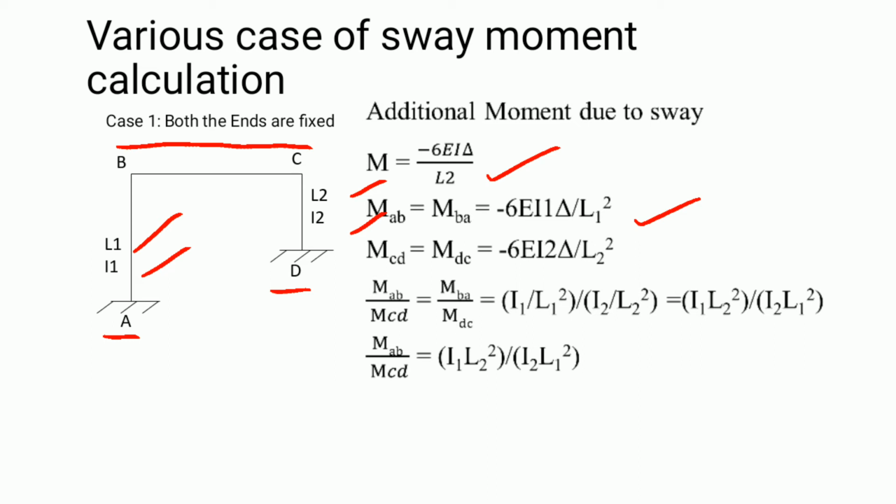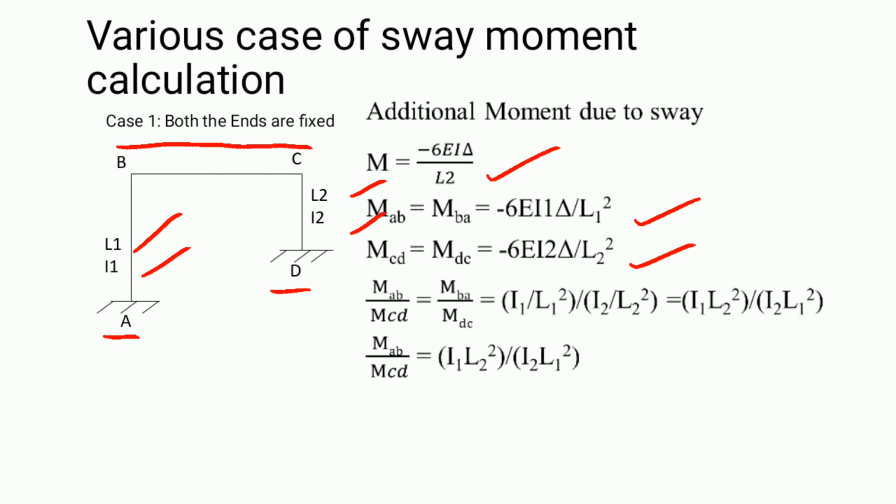Similarly, for member CD, MCD equal to MDC is equal to minus 6EI2Δ divided by L2 square, wherein I2 is the moment of inertia for CD and L2 is the span length of CD.